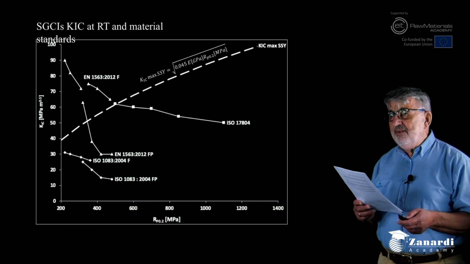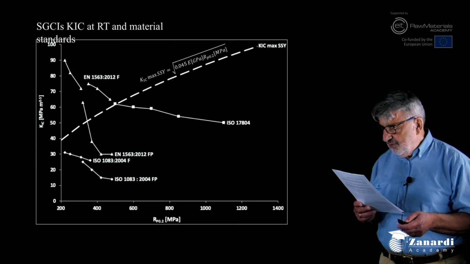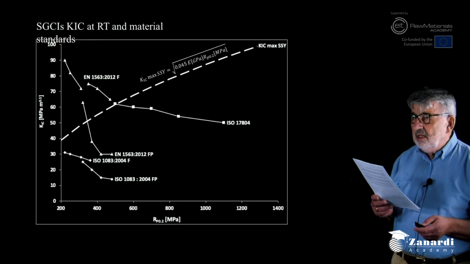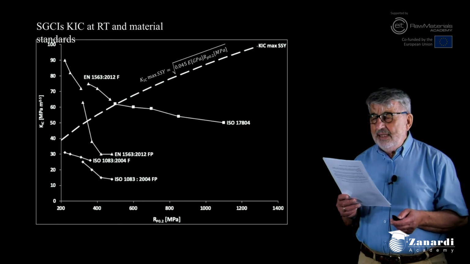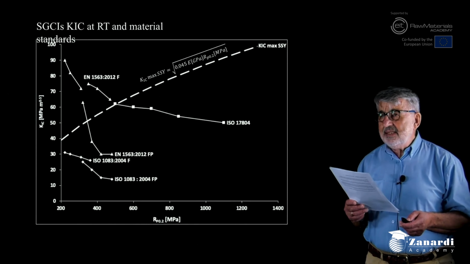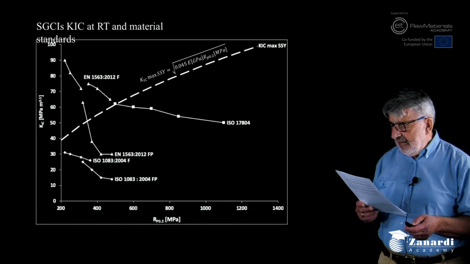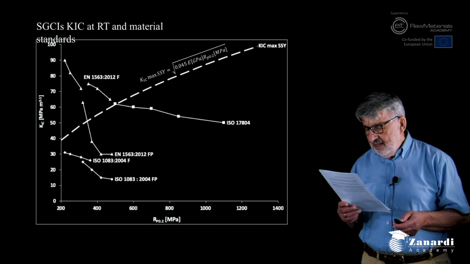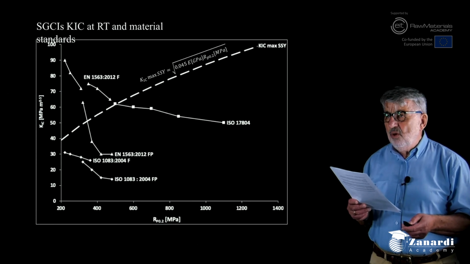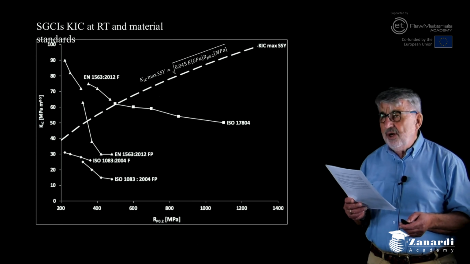In EN 1563, 2012, a conversion from J measurement was adopted when it was not possible to obtain a valid ASTM E399 K1C, with the possible violation of the small-scale yielding requirement.